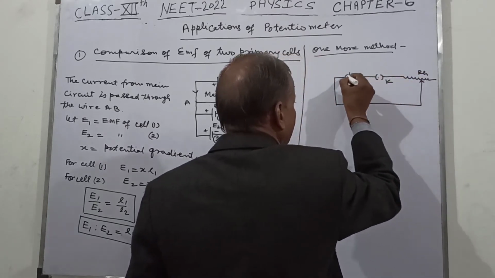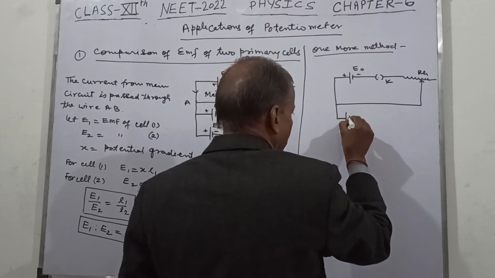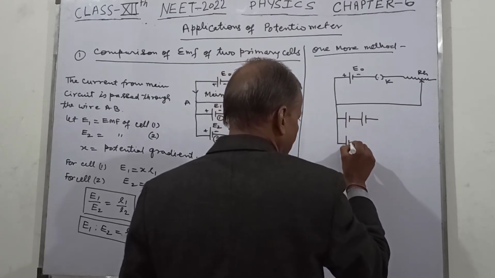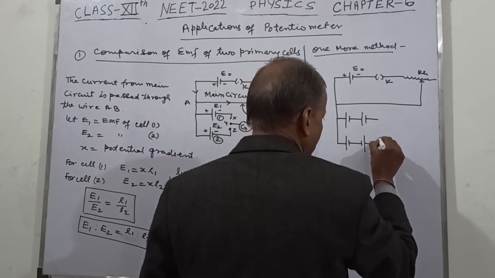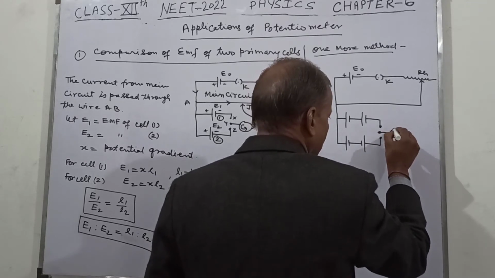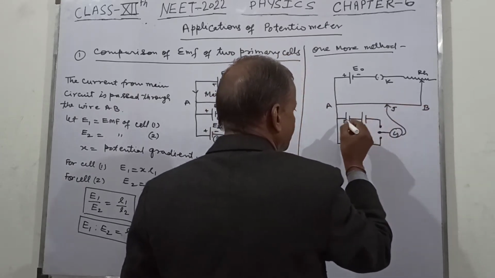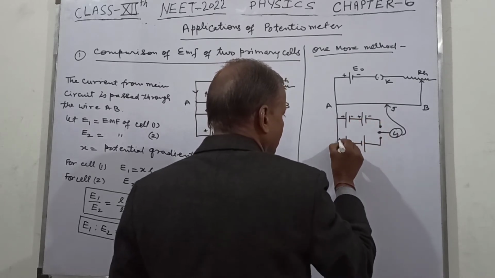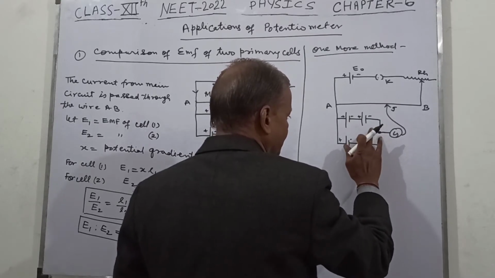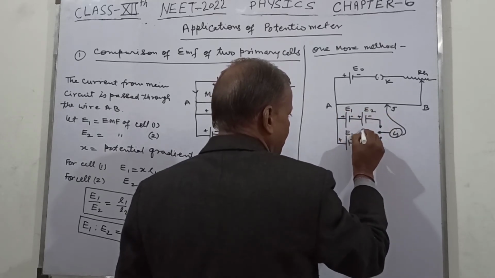This is RH, this is now your K, this is XY, this is E0, and this is AB, this is now jockey J. Now here we are having this EMF, this is your E1, this is E2.